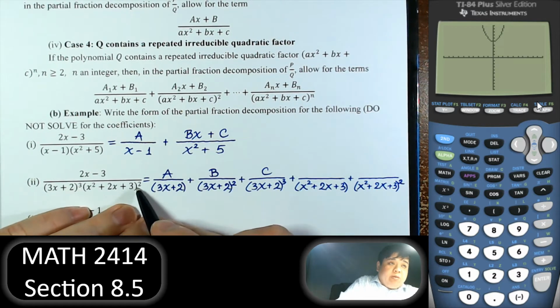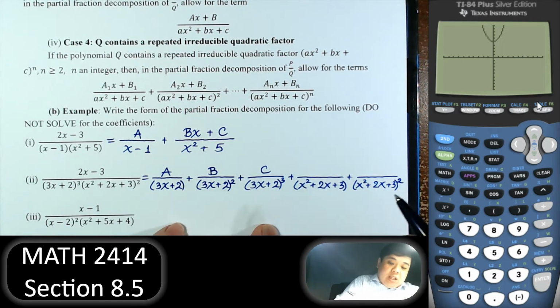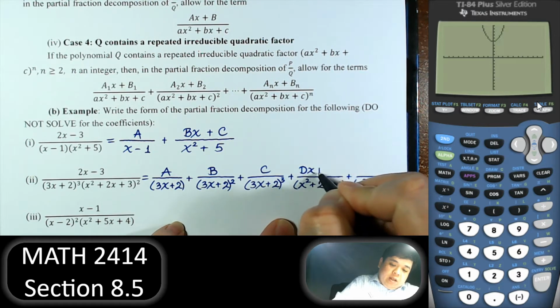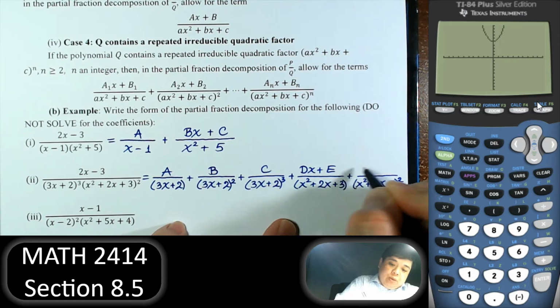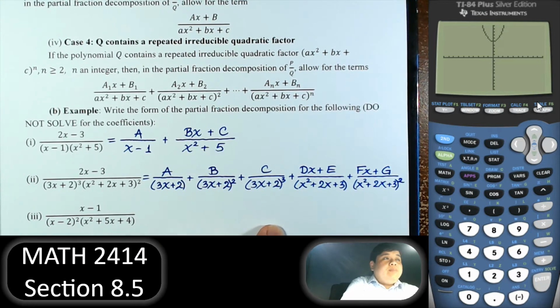So if this is to the 5th power, we have to the 1st, 2nd, 3rd, 4th, and 5th. But the top is still the same thing. We're going to say dx plus e. The degree is 1 less than the bottom, and this will be the same degree. The coefficients can be determined later. So those are the forms.